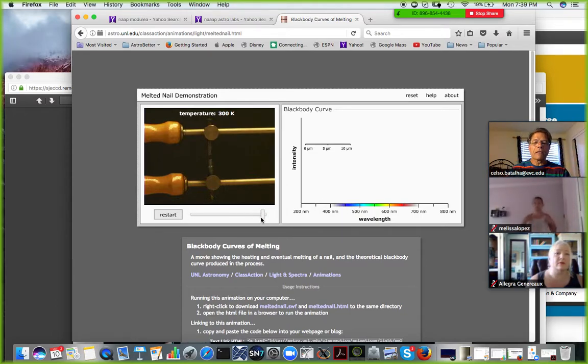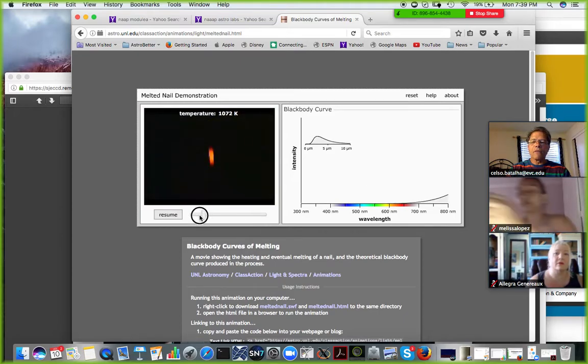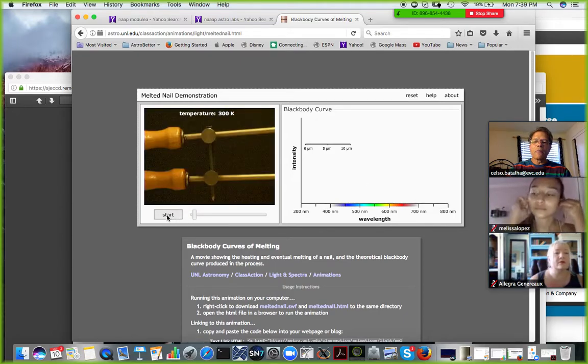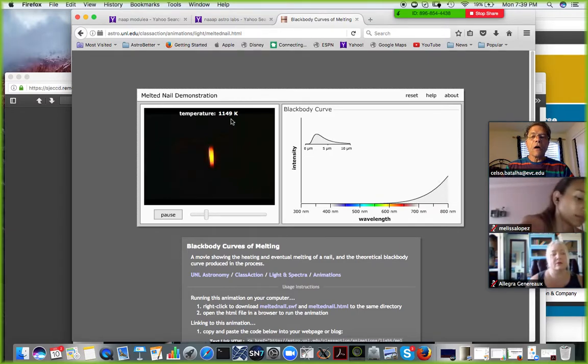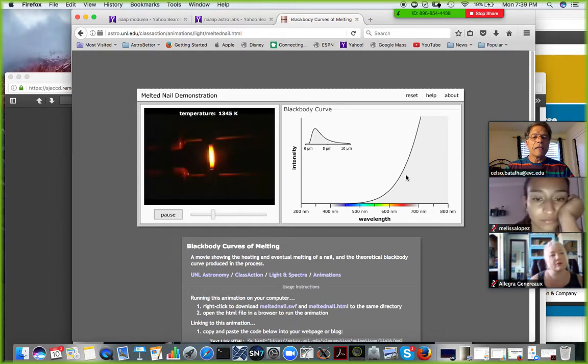So I will repeat this, just to show in the very beginning, there is no light source at all, right? The environment is dark. We don't see anything. And when the object becomes self-luminous, then you see colors. But as it gets hotter, the color migrates from red to the blue.